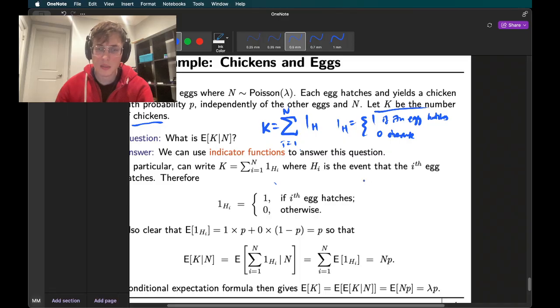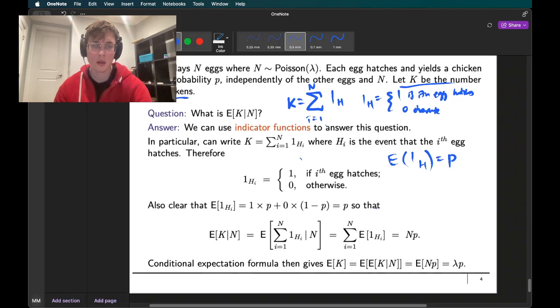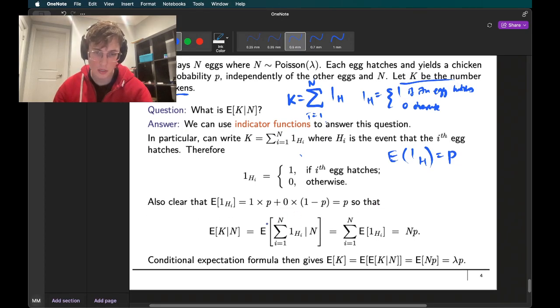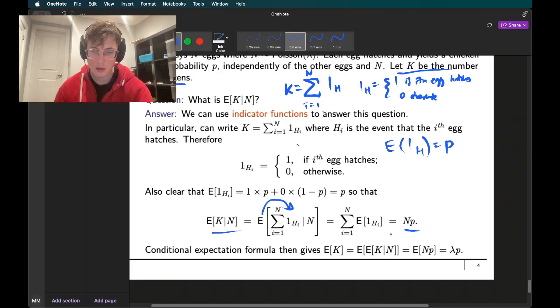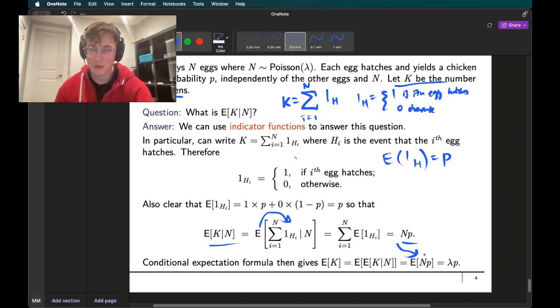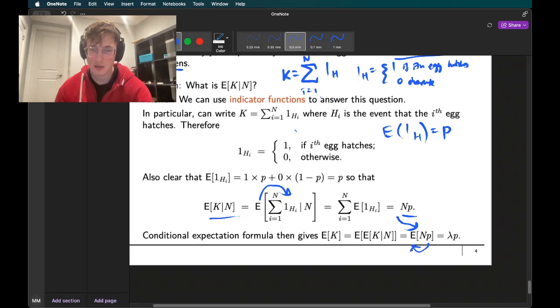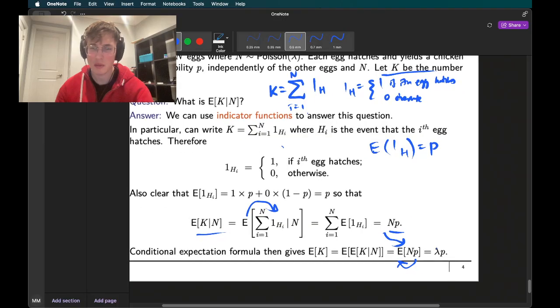Then the expectation of one of these I_H is equal to p, because with probability p it hatches, and with probability 1 minus p it doesn't. Again, with linearity of expectation, we bring the expectation in, we get a summation, and we end up with Np. Then we put that in here and take the expectation. The p is a constant, it comes out, leaving the expectation of N. As given, it's Poisson, so this is lambda p.